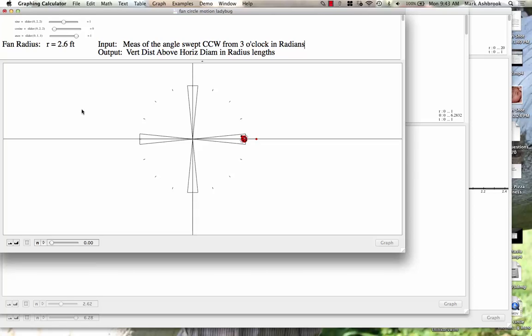You look at small incremental increases of your input, in this case the measure of the angle swept counterclockwise from 3 o'clock. So we're looking at these small increments right here. Boom, boom, boom. See those little dots?